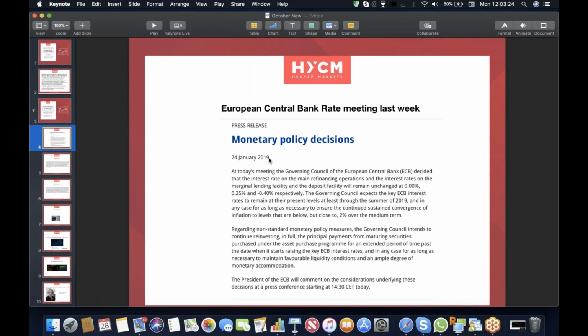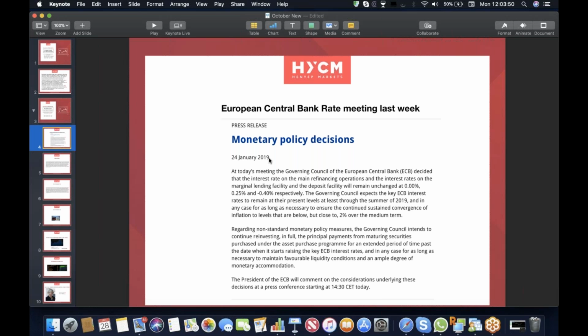And during that time, they kept their interest rate on hold, which was widely expected. And in this scenario, the market was really looking forward to seeing what the European Central Bank had to say about the state of the Eurozone economy and where the European Central Bank saw their relationship in order to either raise or cut interest rates.